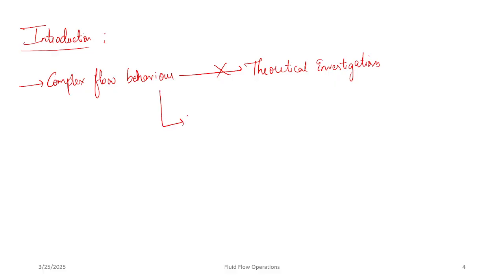That is why we have to go with dimensional analysis, which will reduce the complexity of the flow behavior, or the complexity of the problem that we are dealing with.